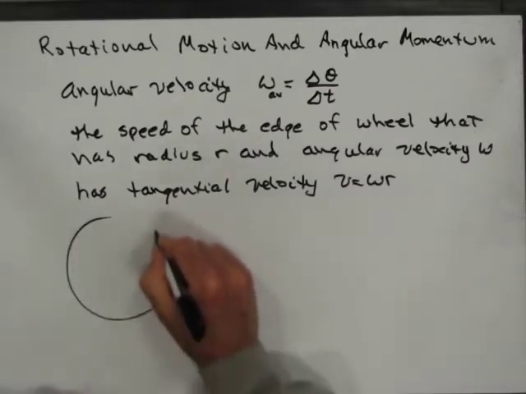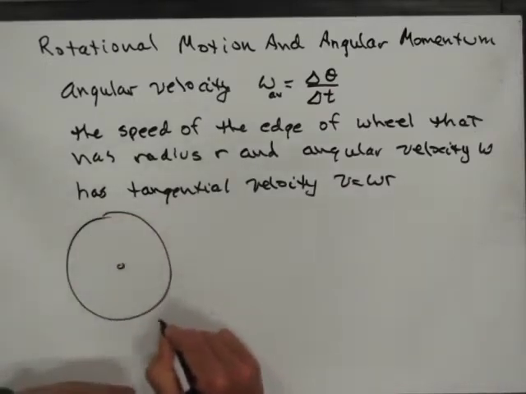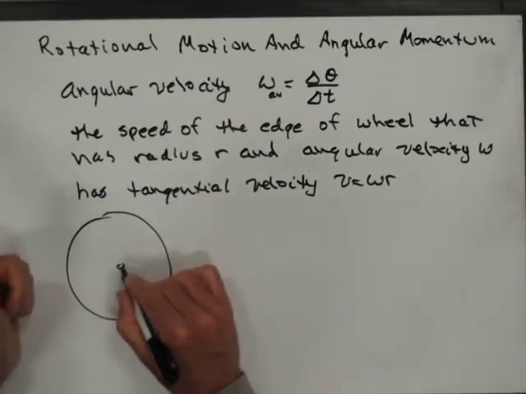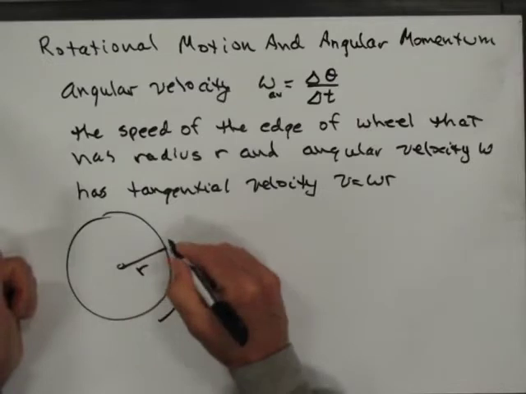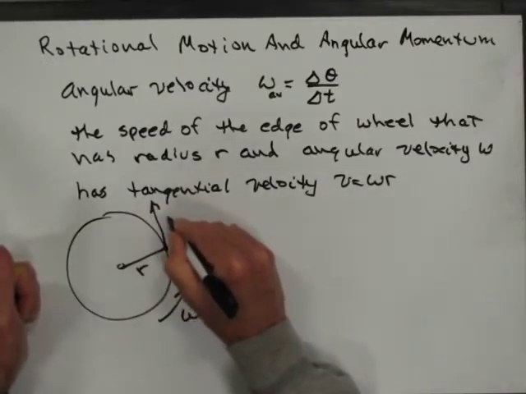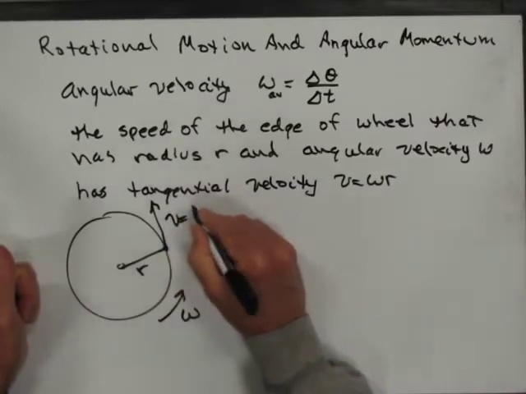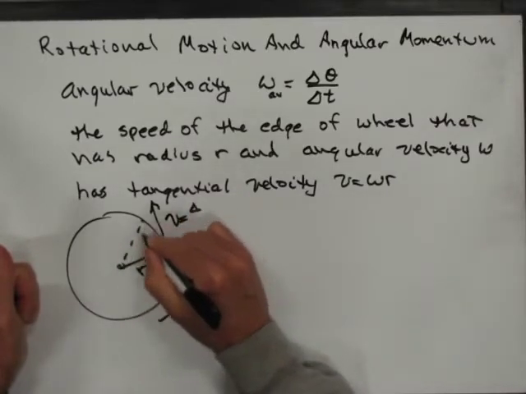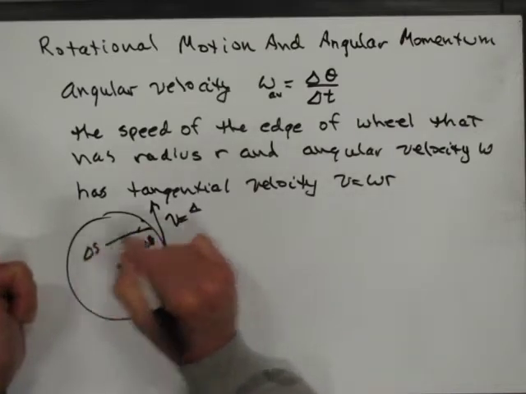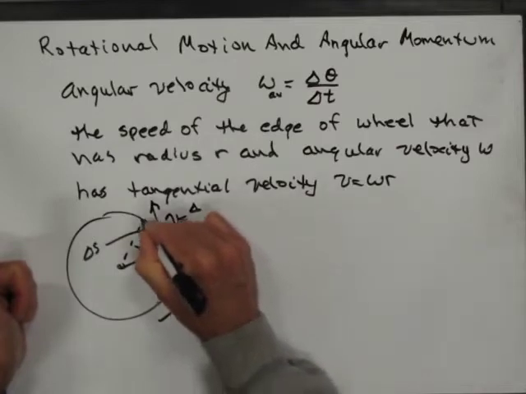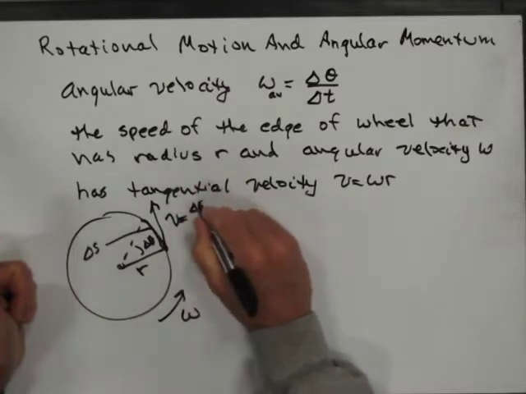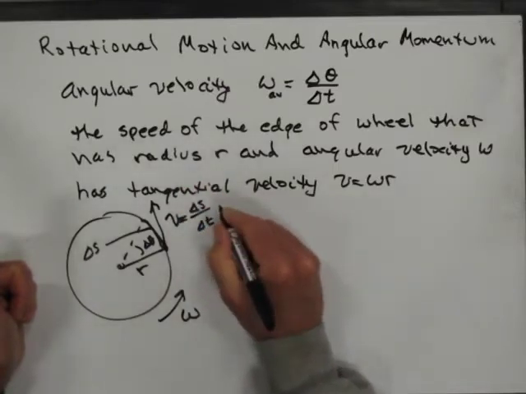We sort of derived this, and we said, look, here's my wheel, it's traveling at omega, that's its angular velocity. It's got a radius r, and so if you were sitting here on the wheel, your velocity v is just the arc length, if that's delta theta. This piece here is delta s, this arc length, delta s over delta t.